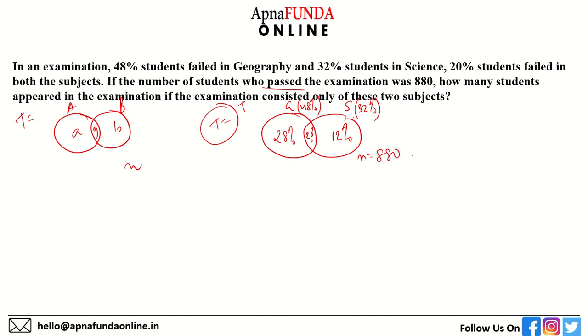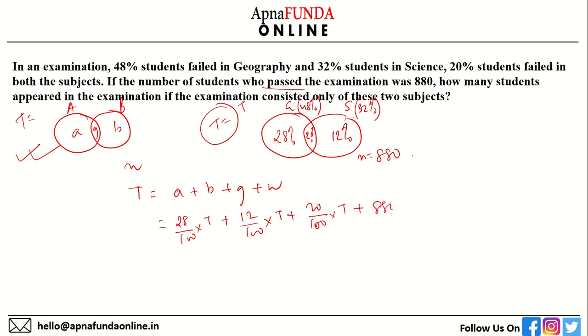Correct. Now, the total number of students from this example is A plus B plus G plus N. Let's solve this. Since we have assumed the total students to be T, so A becomes 28% of T plus B means 12% of T plus G, that is 20% of T plus N, that is 880.